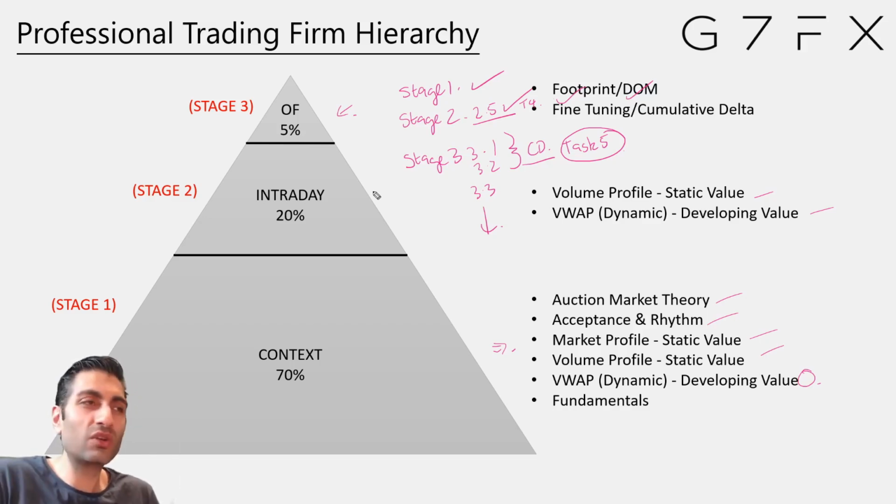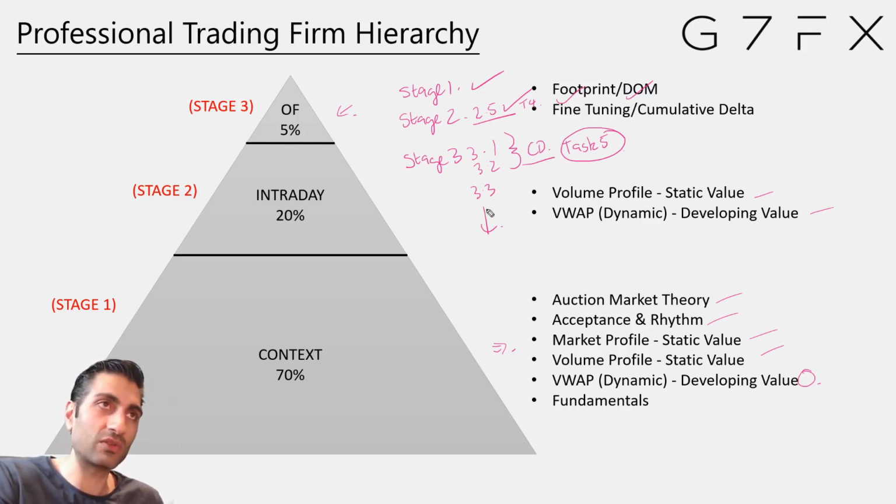You wouldn't have 5% of the understanding of what you're doing on VWAP and volume and market profile had you not done the foundation course. In the same way that the foundation is the very building blocks of stage 1 and stage 2, the footprint is the building block of cumulative delta. All right, so hopefully that makes sense. That's why I want you to do that.